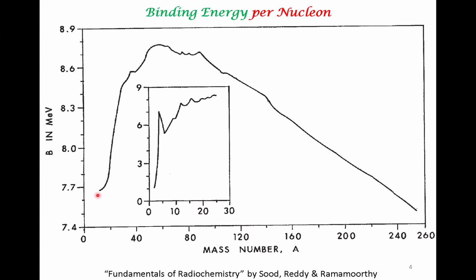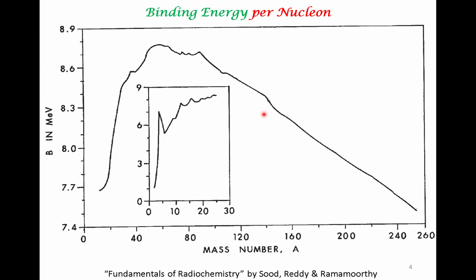The binding energy gradually increases over a particular mass number. The binding energy is approximately constant compared to the overall scale. Okay, so there is this region, and then the binding energy per nucleon decreases, right? So that is the observed behavior.